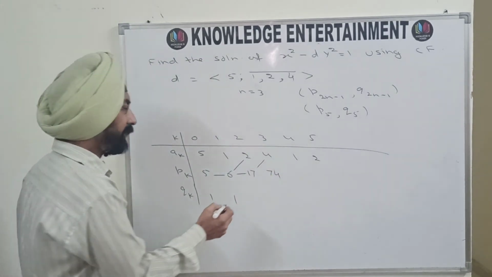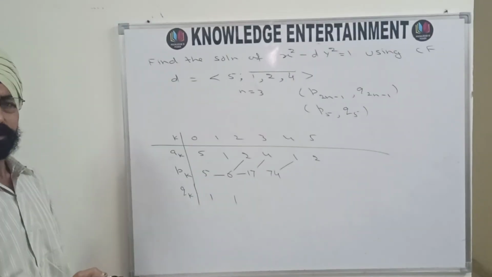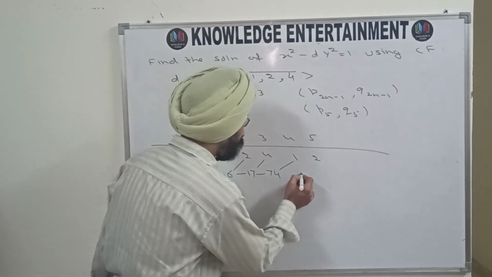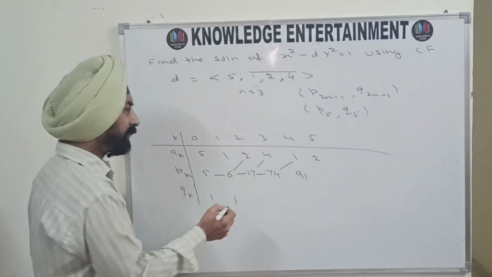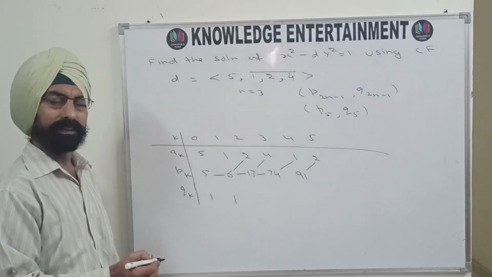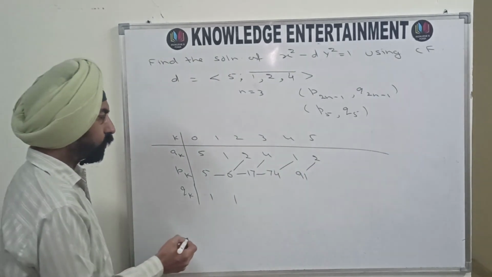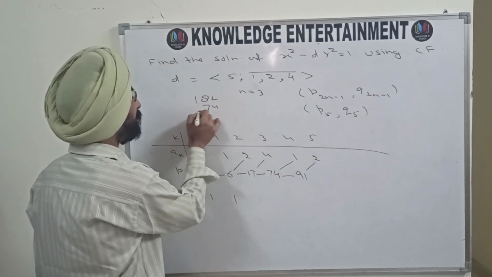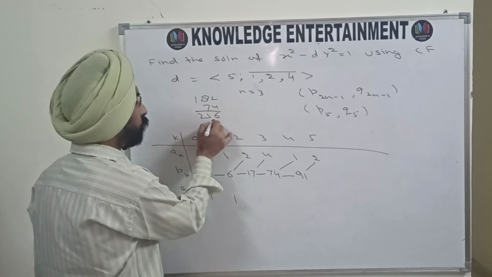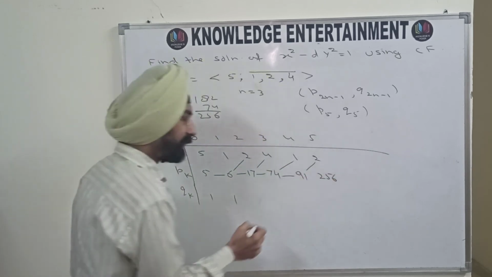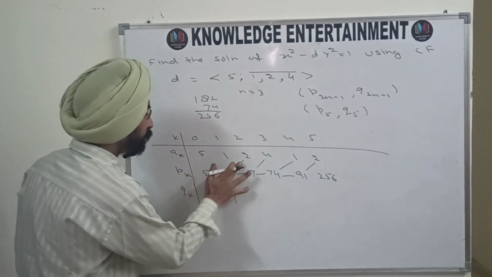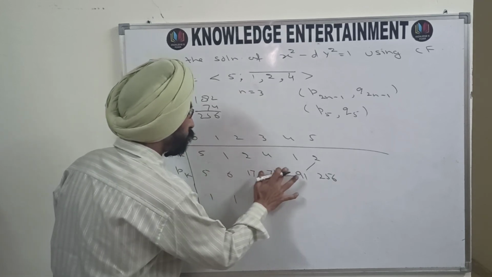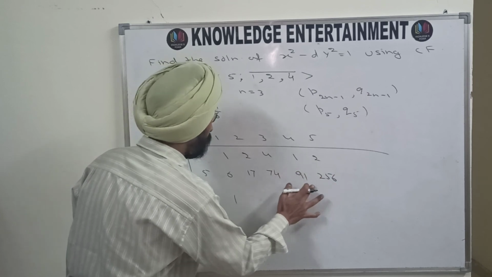74. Then 1 into 74, 74, plus 17. So it is 91. Then 2 into 91, 182 plus 74 will be 256. And apply the same process to find the values of your Q case.